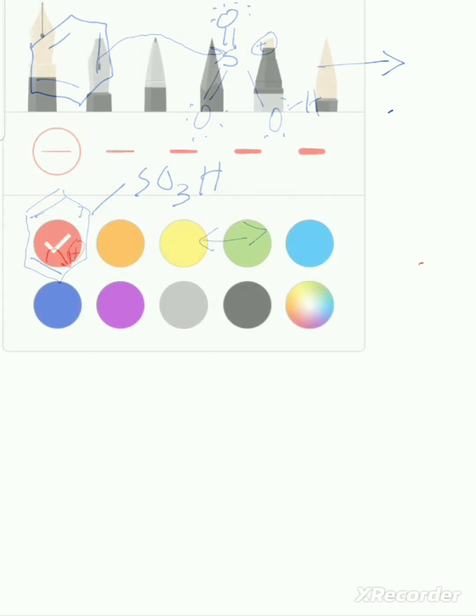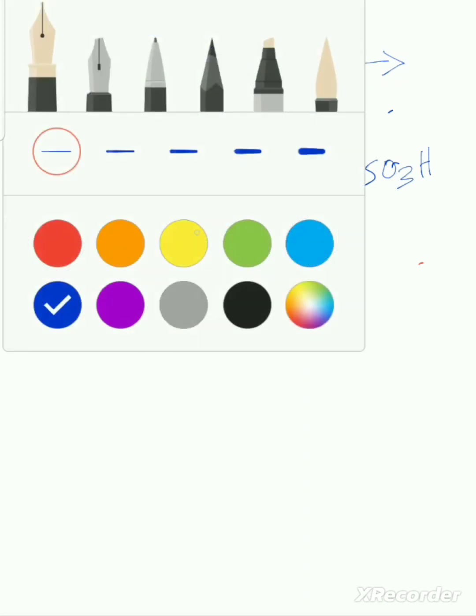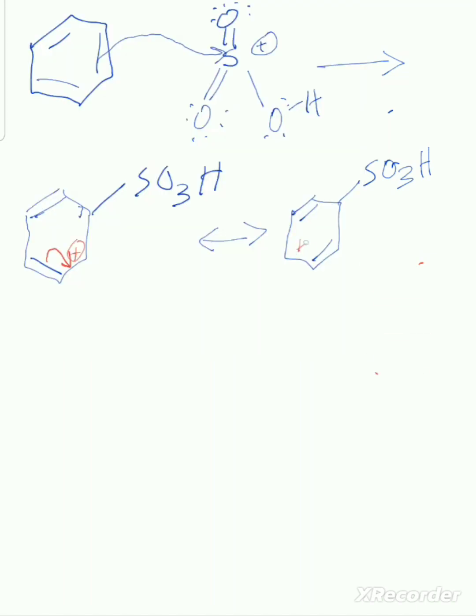Then what am I going to have? I'm going to have this, like this, this. Then where am I going to have a positive? It's like this. Also, I can stabilize this charge by breaking the bond and coming here. What am I going to have? I'm going to have this.